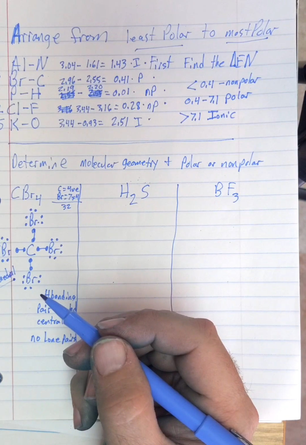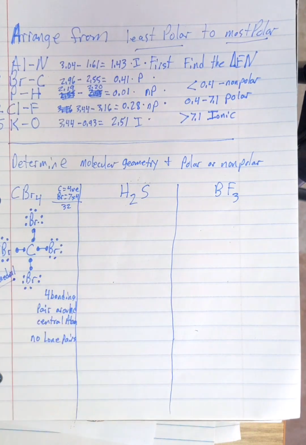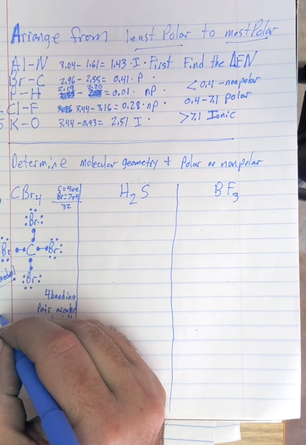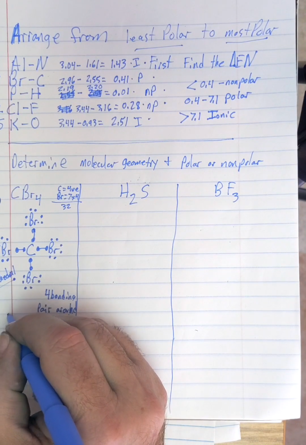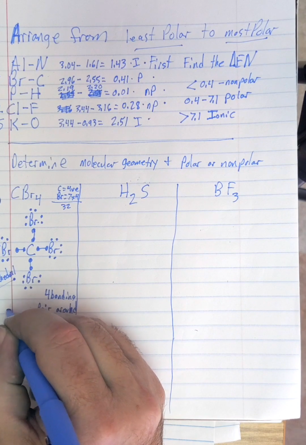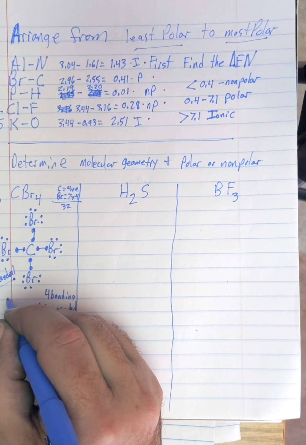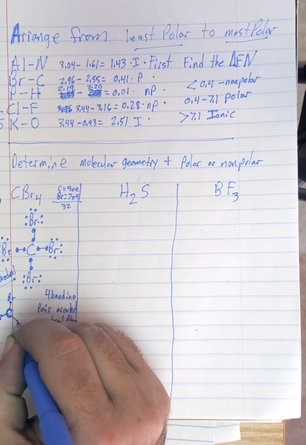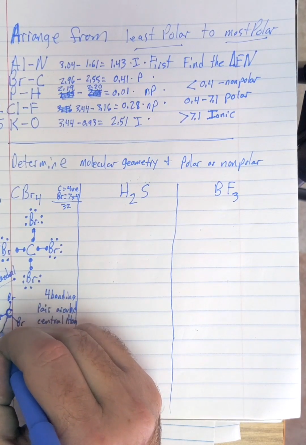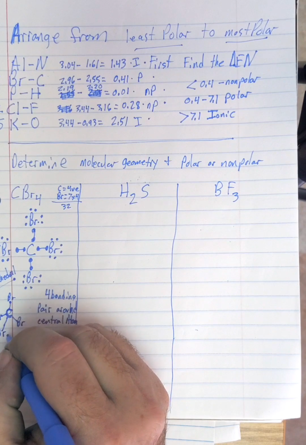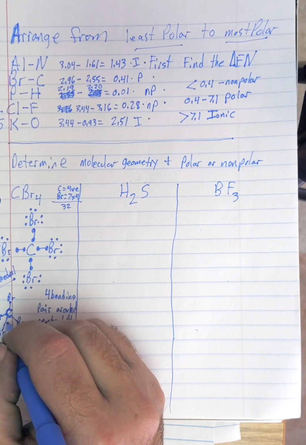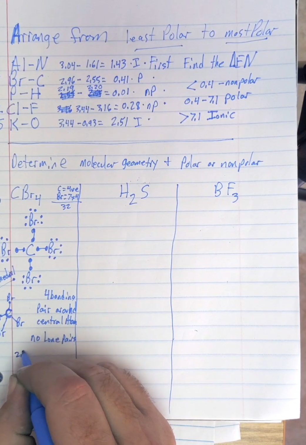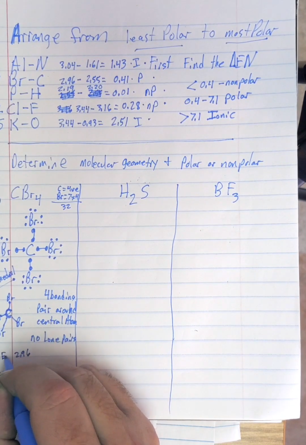All right, so the next thing we have to do is decide if it would be polar or not polar. Just like we did in the first problem, we're going to look at the difference in electronegativity. The structure is tetrahedral, so it would be something like this with carbon in the middle.